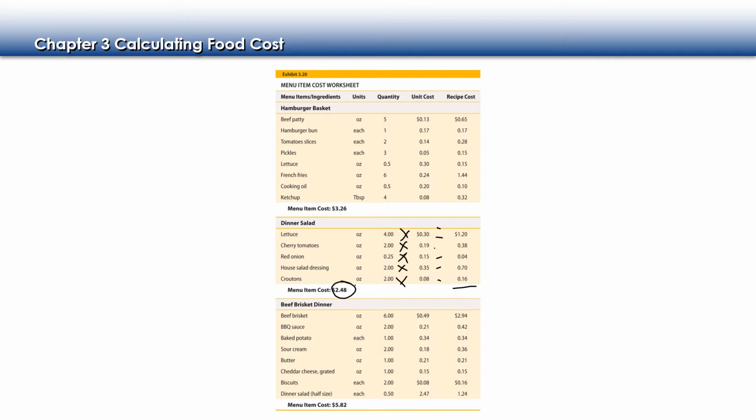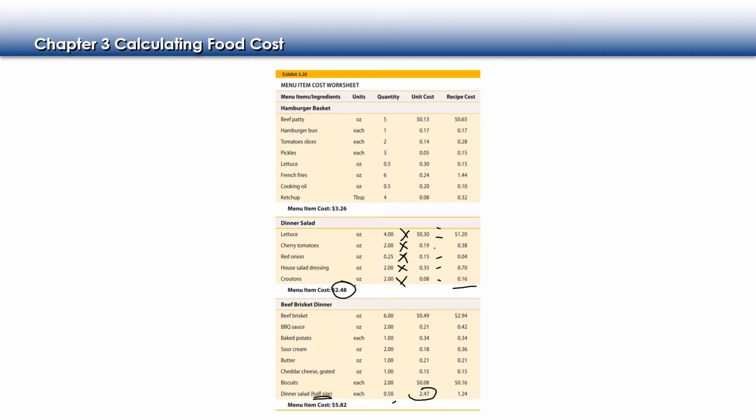Now let's look at our beef brisket dinner. So our beef brisket dinner is going to come with our beef brisket, our sauce, a baked potato, sour cream, butter, cheddar cheese for that baked potato, our biscuits. So they get 2 biscuits each with the plate, and then a dinner size salad. And so with that, you'll notice we need a half a size. And it's $2.48 right up there.